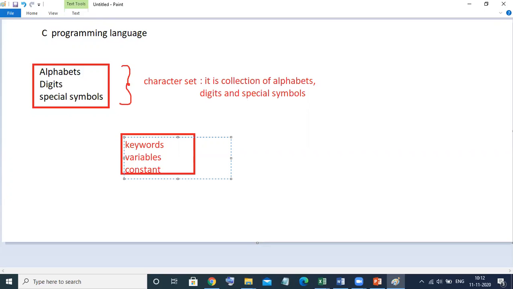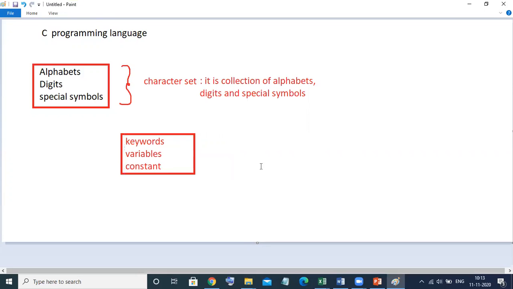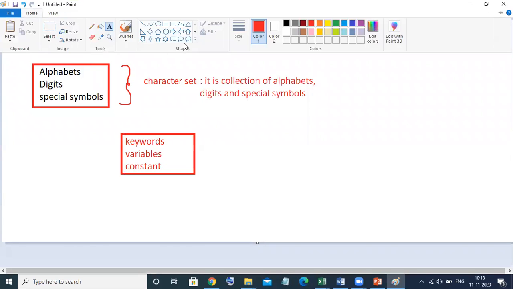This is the next step. After learning this character set, the next step is to know about keywords, variables and constants. This is one more important basic concept before learning any programming language.